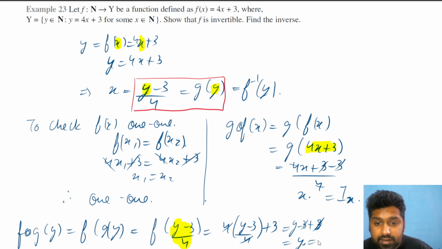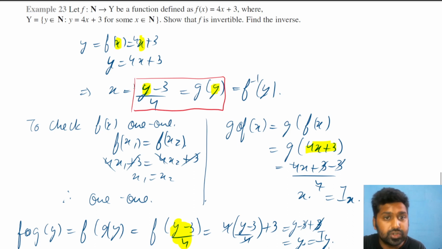So it becomes an identity function in y. That's the conventional way to find whether a function is invertible or not. Gof of x will become the identity function of x. Fog of y will become the identity function of y. What is this g? We will generate this by calculating the value of this x in terms of y.